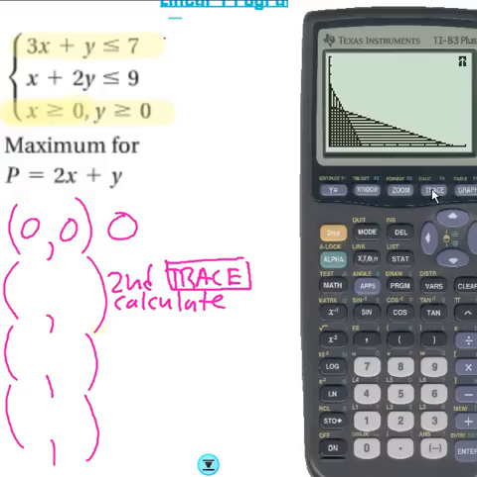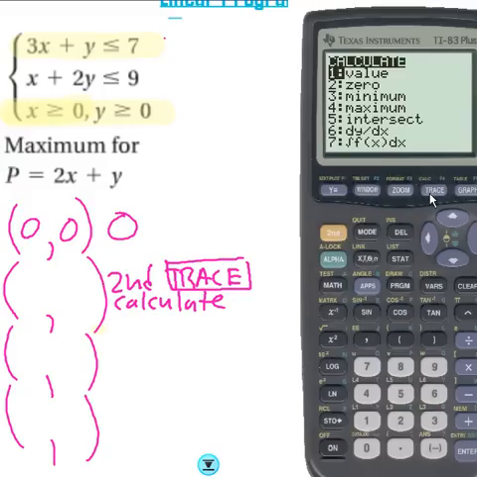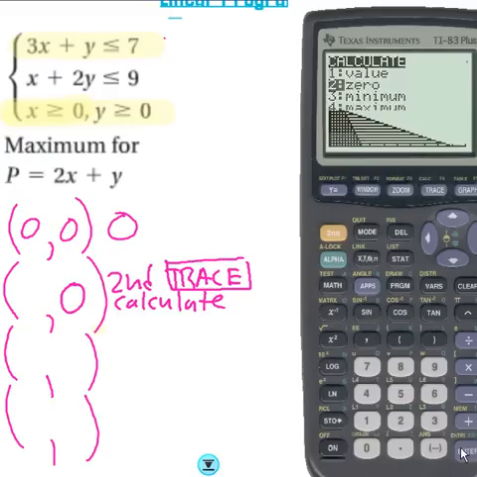I'm trying to find the x-intercept. The x-intercept is when y equals 0, so on the x-axis, y equals 0. Remember, it's that line, y equals 0. So when y equals 0, that's number 2 on the calculator. I can just type a 2. I'm finding a zero.